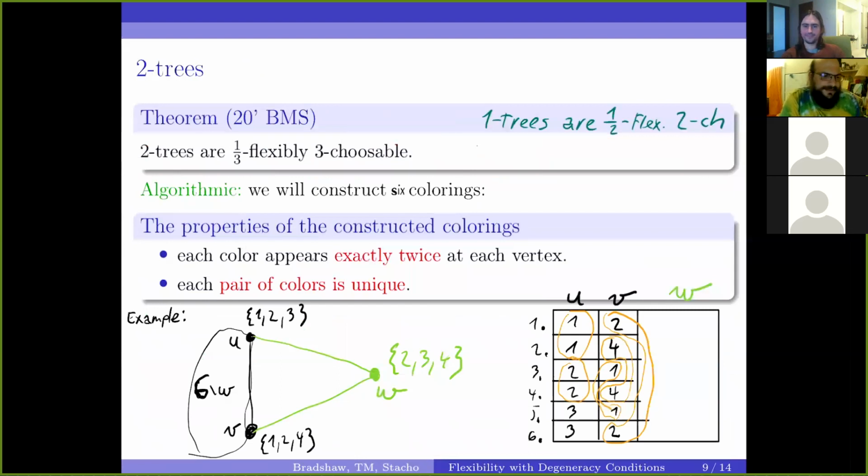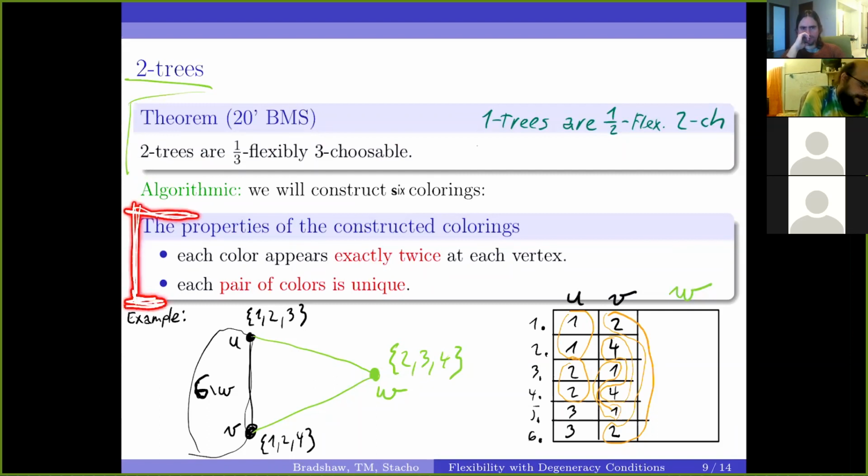So let's move to the proof. First we will start with the proof for 2-trees. Our aim is to show that 2-trees are 1/3 flexibly 3 choosable. And as I mentioned before, our proof is algorithmic. So we will construct 6 different colorings in some special way, such that those colorings will satisfy those 2 properties.